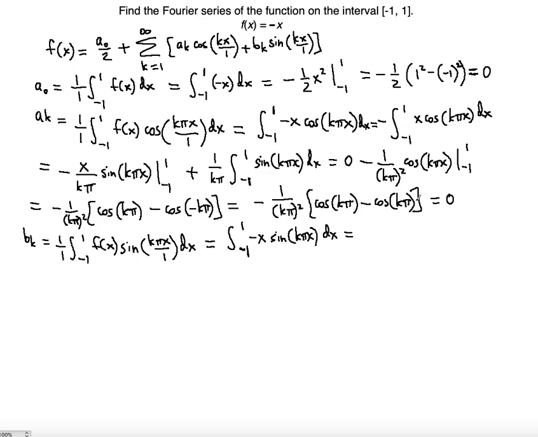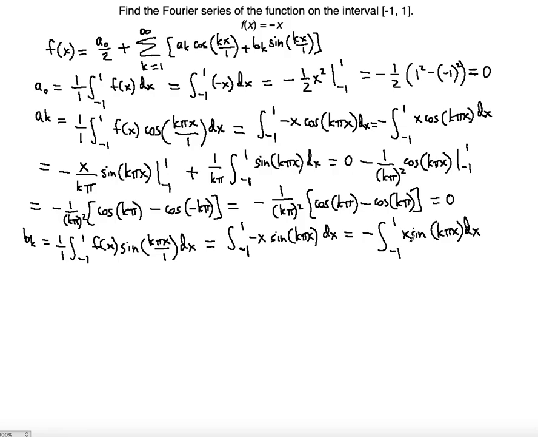And this is going to be equal to the negative. I'm taking the negative out. x sine k pi x dx. And again, I'm not going to use integration by parts to show you, but this is what you should use.